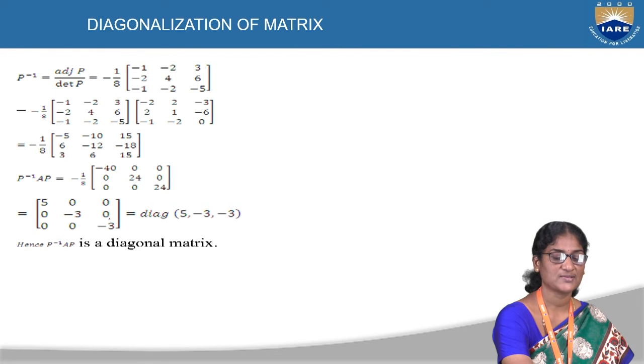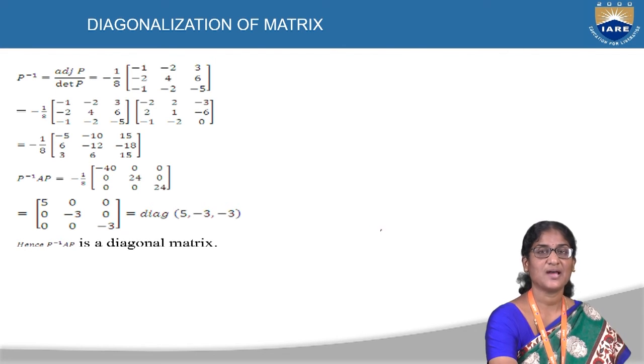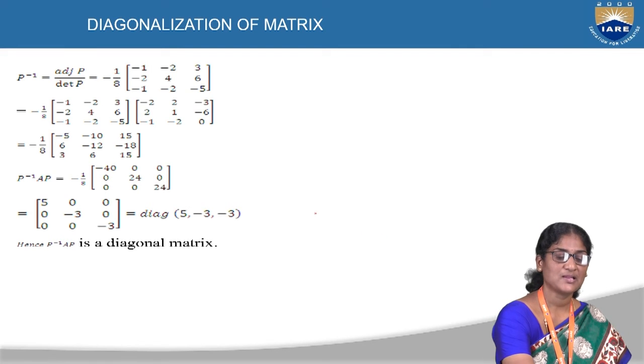You can remember that 5, -3, -3 are nothing but the eigenvalues of the given matrix. So the diagonal elements after diagonalization are the eigenvalues. You can check yourself whether you are going correct or not by seeing if you get the eigenvalues at the end.